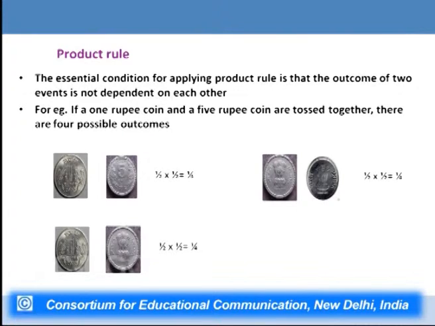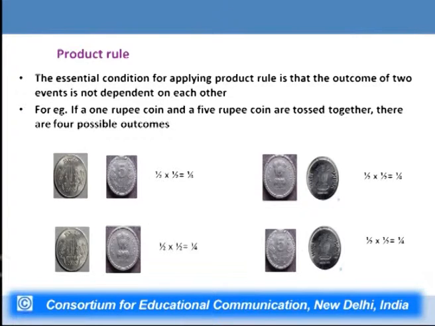The third possible outcome is that both the 1 rupee coin and the 5 rupee coin turn up with head. Again in this case, the probability will be 1 by 2 into 1 by 2, which again is 1 by 4. And lastly, the 5 rupee coin might turn up with tail and the 1 rupee coin might turn up with head. Again, the chance of occurrence of this event is 1 by 4.